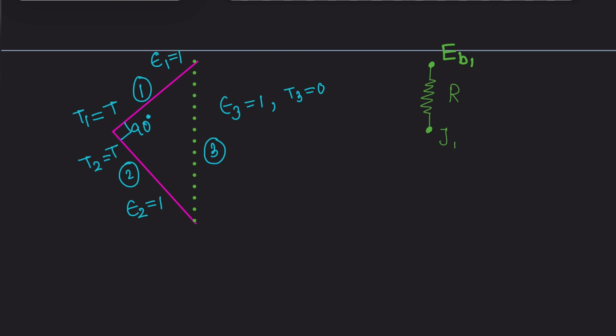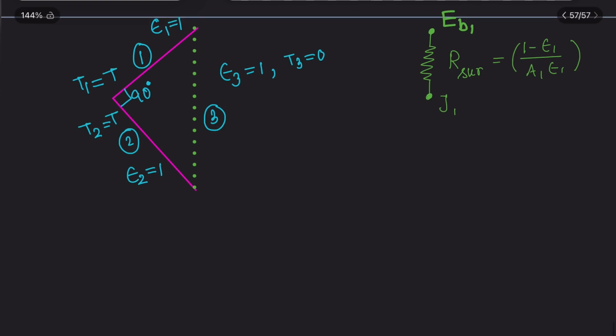One is the space resistance, another is the surface resistance. So R surface, and this is what I will just write here, that is 1 minus epsilon 1 by A1 epsilon 1. Clear?